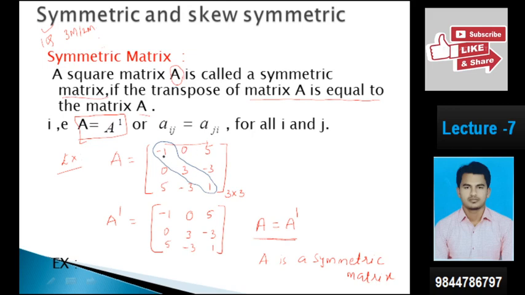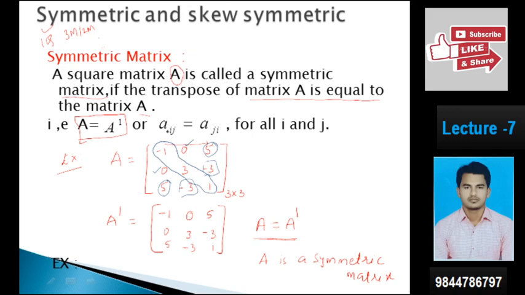Overlap means I am going to fold along the principal diagonal, so this element will be the image of this position. Again, this element will overlap this position, and again this element overlaps this position.